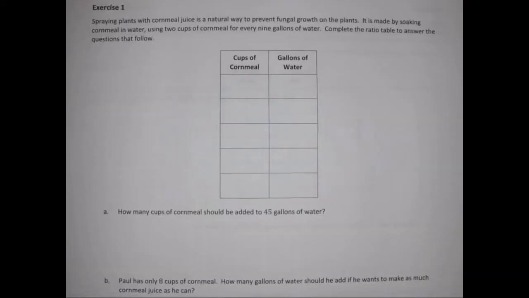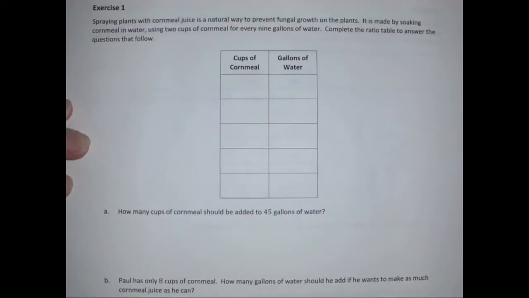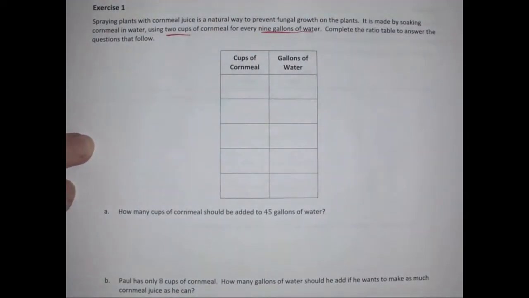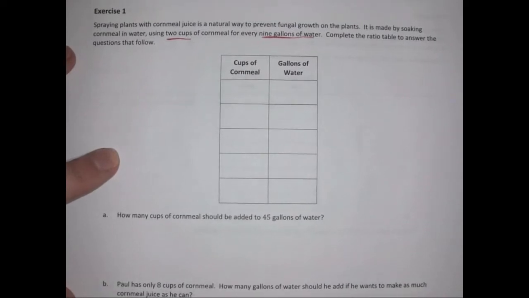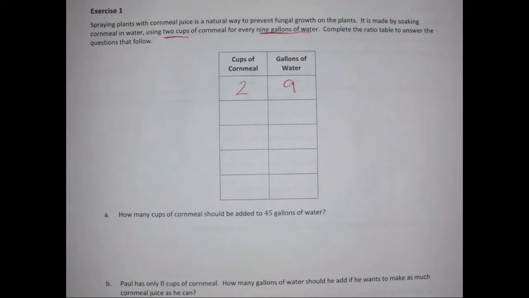Okay, so exercise 1. What's our ratio? What's the ratio, Leilani? 2 cups of cornmeal for every 9 gallons of water. So what's the first thing I can write in my table, Vivian? 2 and 9. What do I do next, Julia?